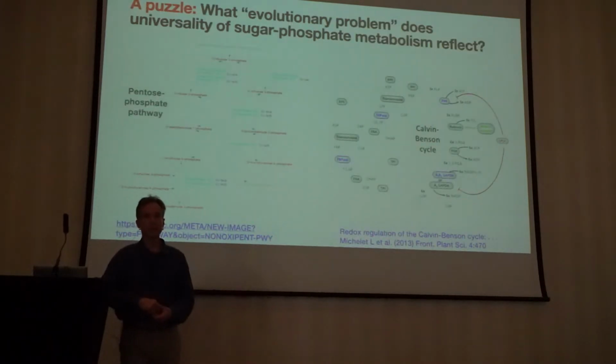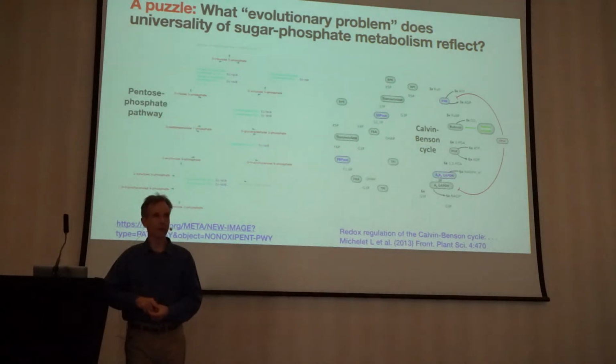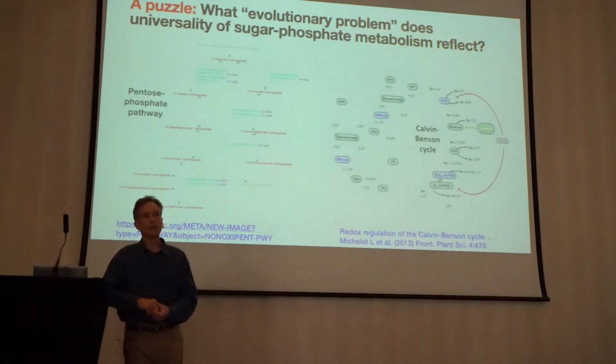So having told you that that's going to be our platform, let me introduce you to the evolutionary puzzle that will be our example. Sugar chemistry is famously combinatorially complex. We saw earlier in the week the sort of monumental paper by Hoek's group laying out the big tangle of the formose network. But if we look at biochemistry, there is essentially a universal pathway that does the reconfiguration from 3 to 5 carbon sugars.